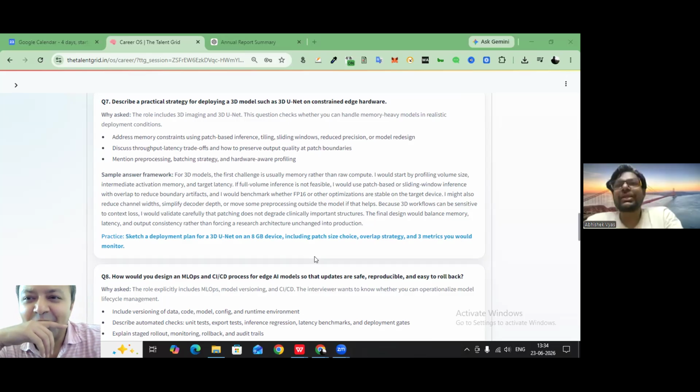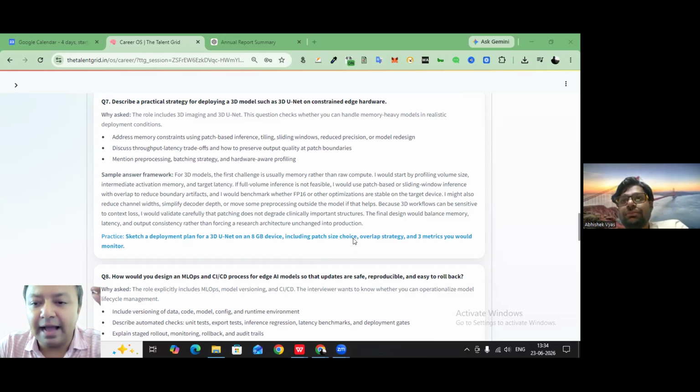So can you repeat the question? So the question is, can you address memory constraints with patch-based inference, tiling, and sliding windows in a little more details? And can you also touch these points again on reduced precision and model redesign?